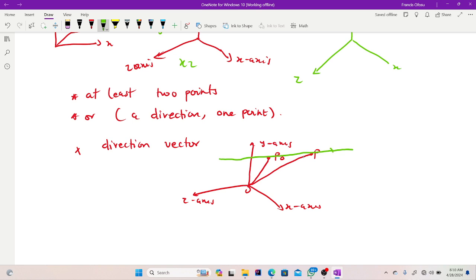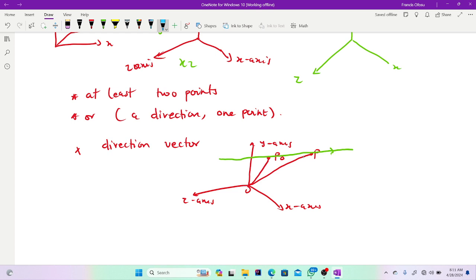This is the line I want to find the equation of. Remember that whenever you have 2 points, the line joining them is the line of interest. But to fully define this line, we need an external vector which will define fully the direction of the line.